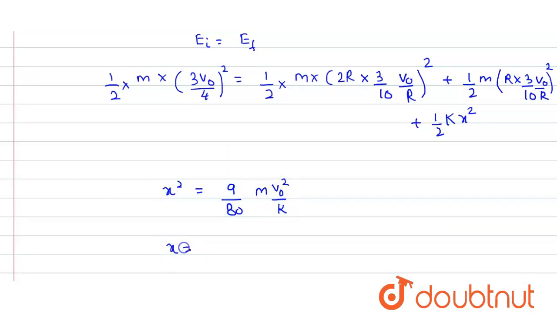So x would be the square root of all these things. The square root of 9 is 3, so it would be 3 divided by 4 v naught times the square root of m divided by 5k, because 80 can be written as 16 multiplied by 5. So this would be the final answer.